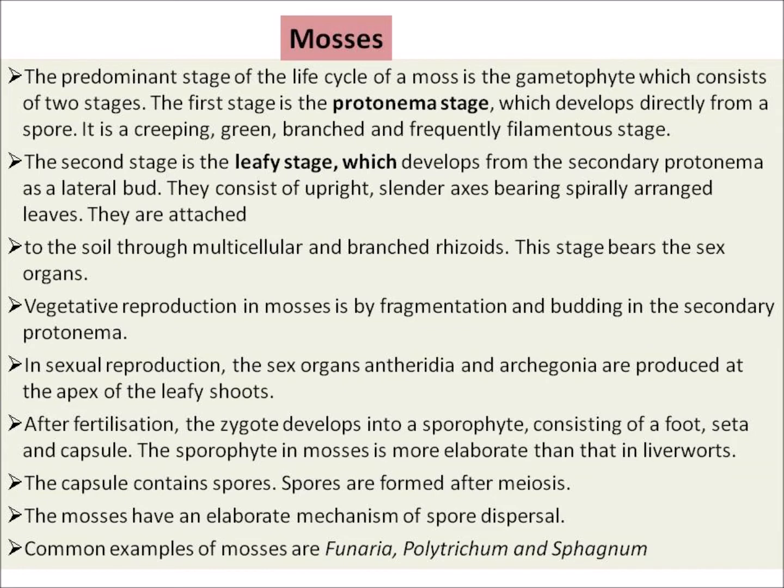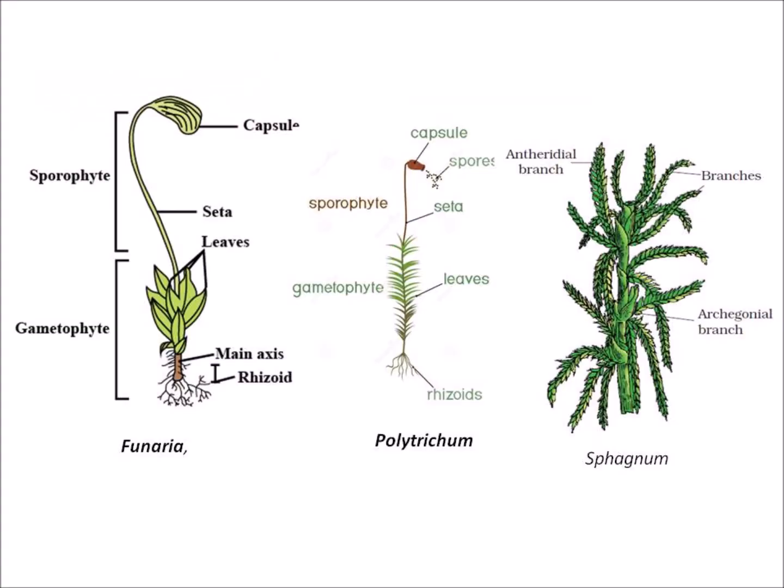The sporophyte in mosses is more elaborate than in liverworts. The capsule contains spores. Spores are formed after meiosis. Mosses have an elaborate mechanism of spore dispersal. Examples for mosses are Funaria, Polytrichum and Sphagnum. Here you can see Funaria, Polytrichum and Sphagnum.